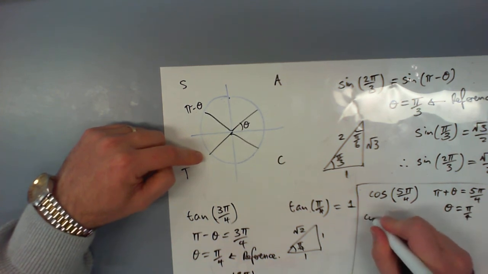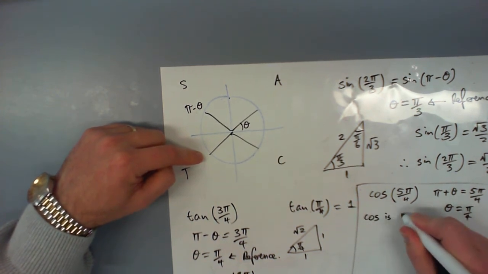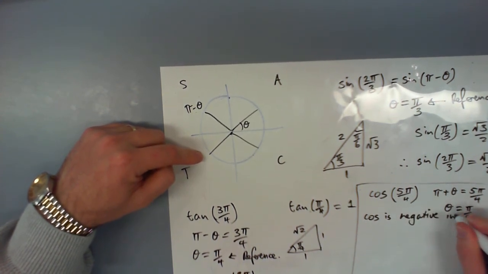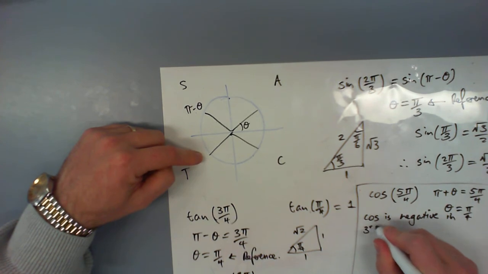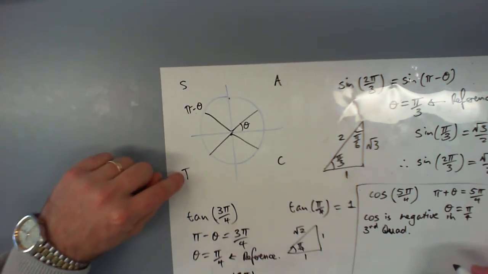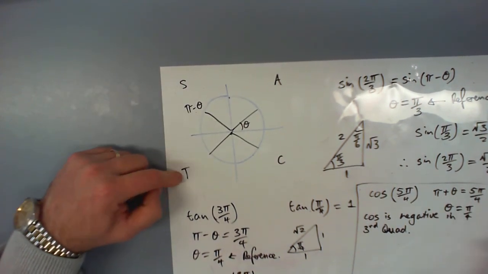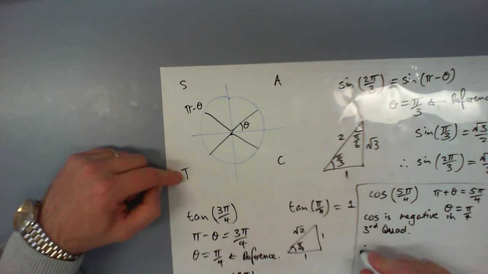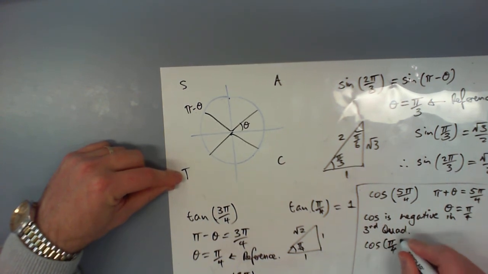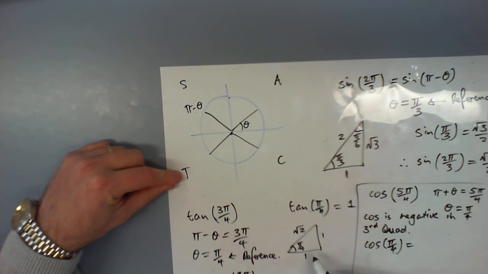We say cos is negative in the third quadrant, because we go CAST, so tan's positive and everything else is negative. So then cos of pi on 4 equals, well, we can use our triangle here.